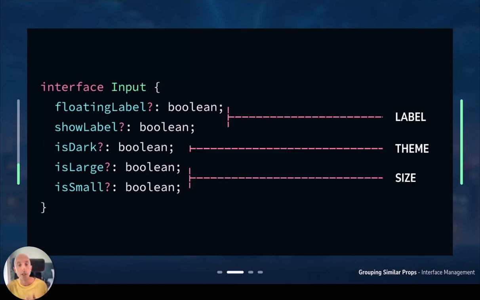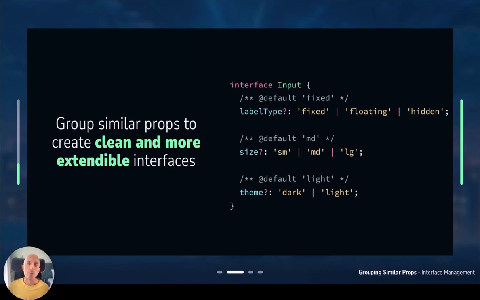In this case, we're going to have label-related props, theme-related props, and size-related props. When we group these props this way, we're able to simplify the interface and make it much more extendable with an easier learning curve going in. So by grouping these similar props, we create a cleaner and more extendable interface.